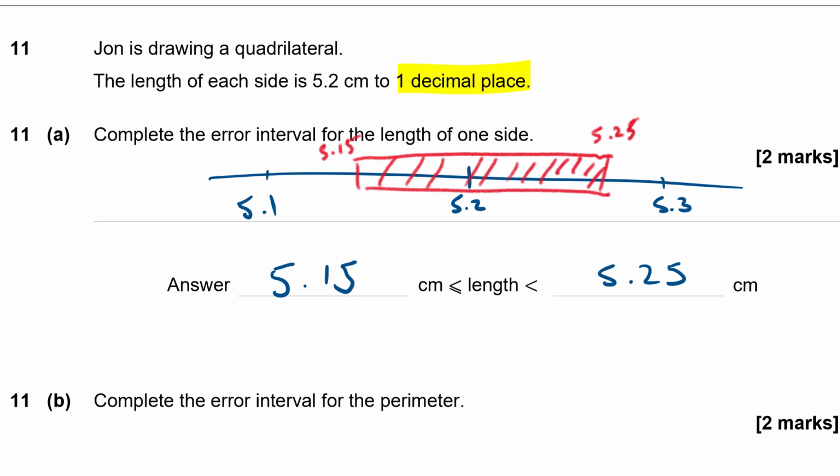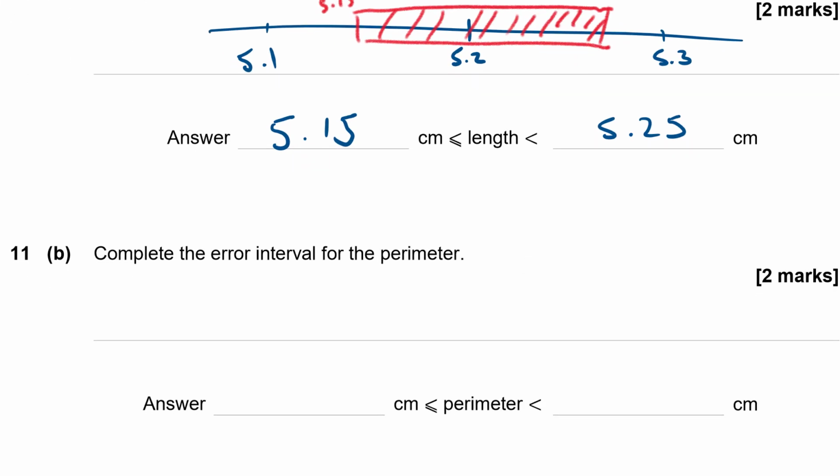Complete the error interval for the perimeter. So we know that each of the sides are going to be between these 2 ranges. So the smallest possible perimeter is going to be 4 lots of my lower bound, and the largest is going to be 4 lots of my upper bound. So 4 lots of 5.15 is going to be 20.6. It's probably a good idea to write down the calculation that we're doing.